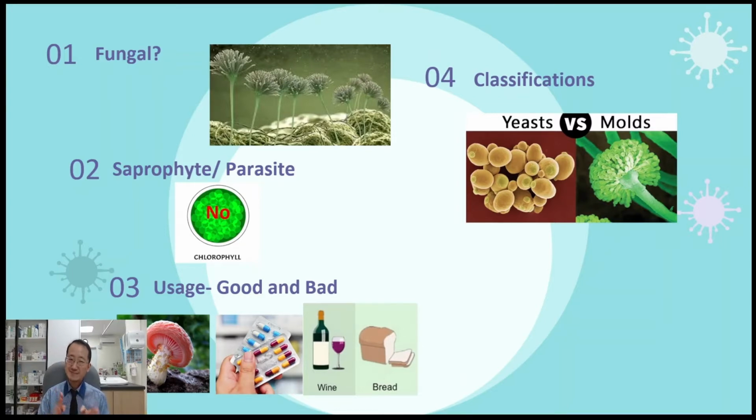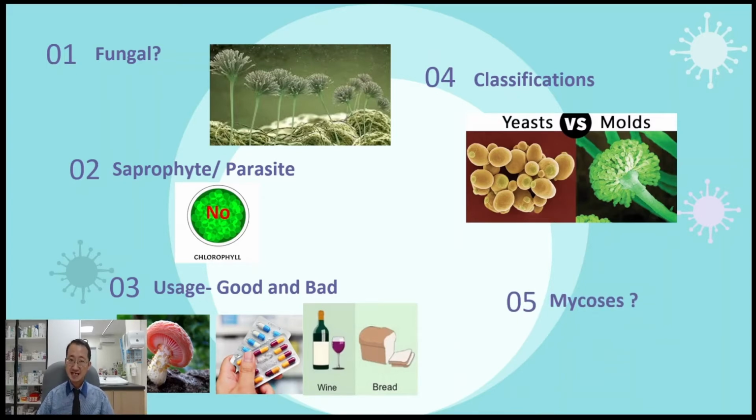But sometimes it is a little bit difficult to differentiate certain fungal infections, because fungus sometimes can present dimorphic features, whereby in low temperature they can present as a mold, but in high temperature they can present as yeast. So that comes to our main topic today, mycosis.